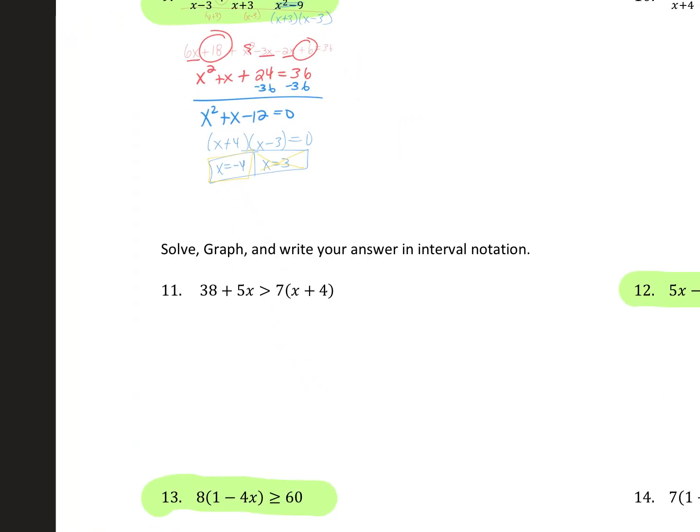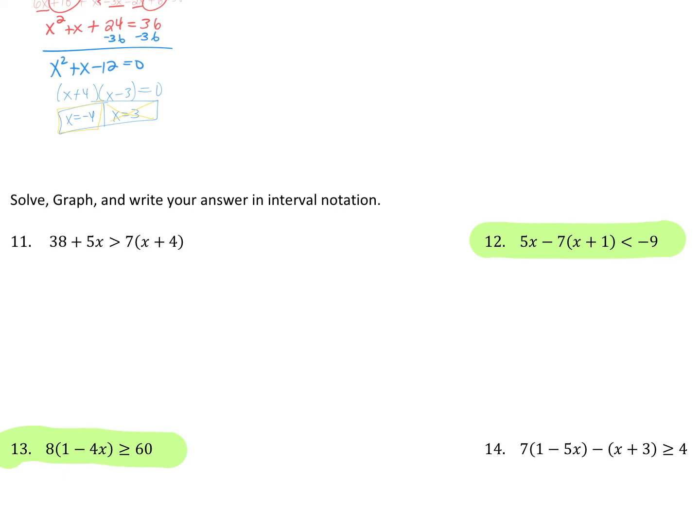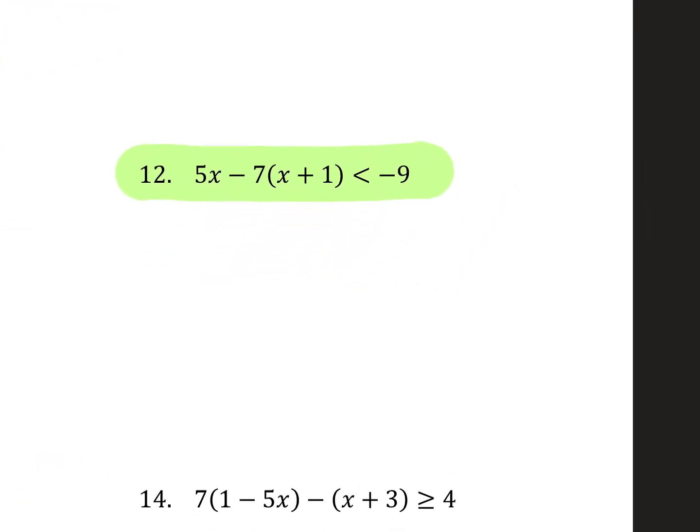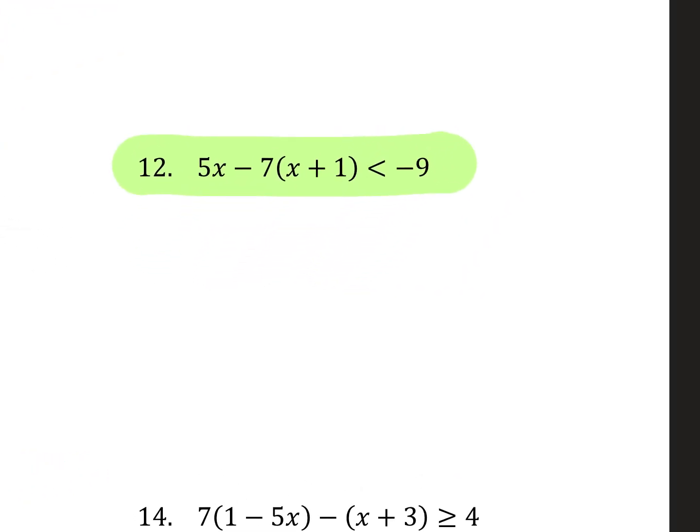All right, the next part of your test is going to involve inequalities, linear and nonlinear. Linear means your x is to the first power. With a linear inequality, you have 3 parts to your answer. You have your inequality statement, you have your graph, and you have your interval notation. They all go together. So on an inequality, the first thing you should do is look at the inequality sign itself.